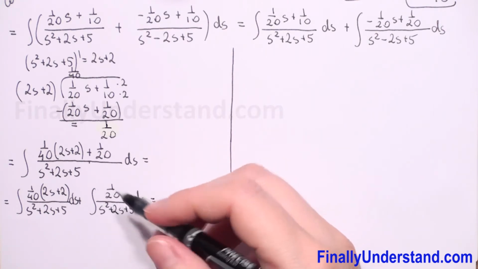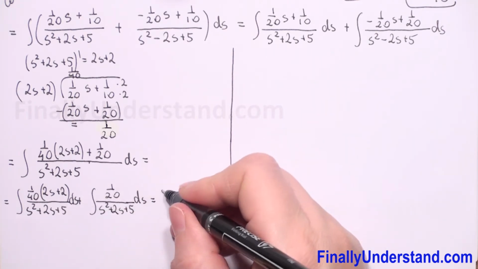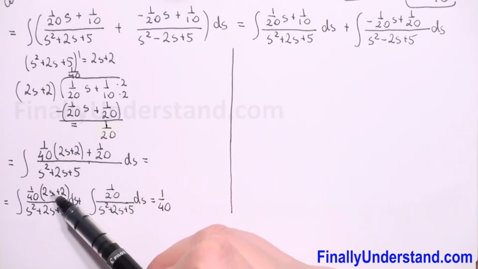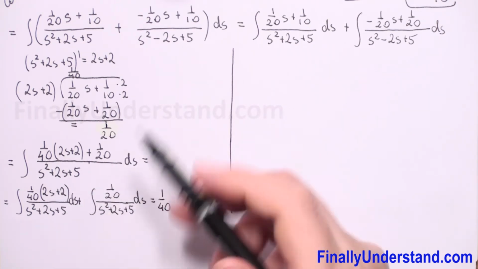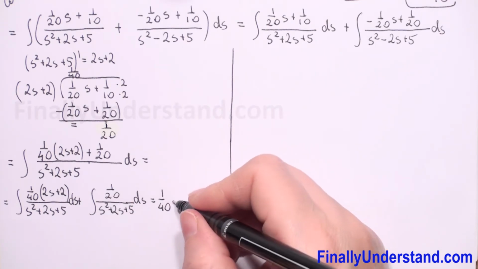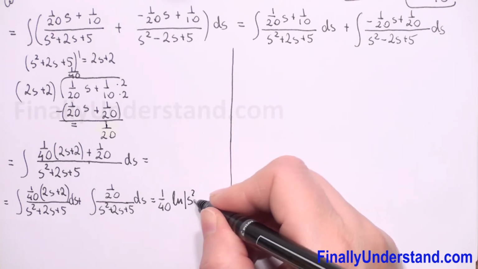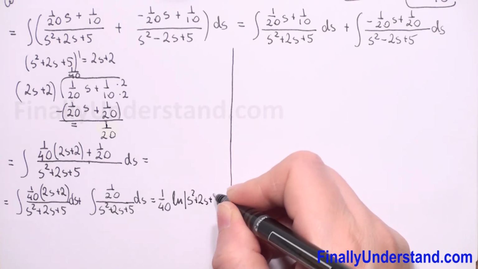So this is equal 1 over 40, we can take before the integral, and what else? Now we have in the numerator the derivative of the denominator, so this is equal natural logarithm of the absolute value of s squared plus 2s plus 5.